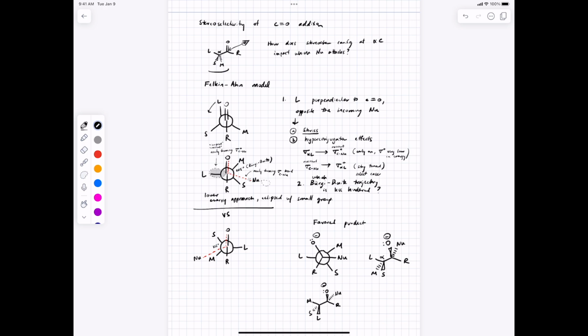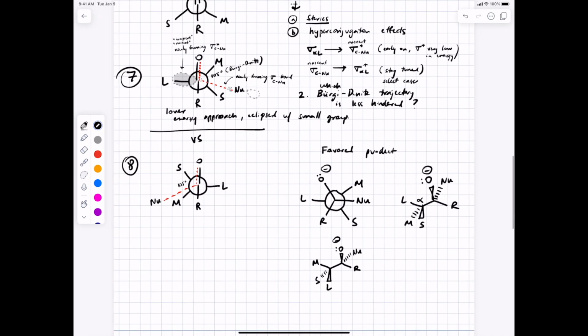You could imagine if M and S are both similar size, then trajectory A versus, we're using A and B far too much, so trajectory 7 and trajectory 8, that's going to be really confusing for people. If M and S are similar in size, then trajectories 7 and 8 are going to be similar in energy, and then the selectivity won't be very good.